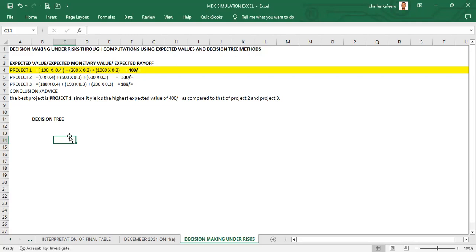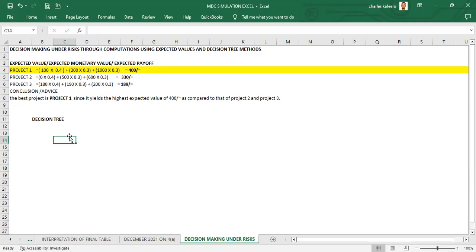So if you look at the same example we did, and we assume maybe the examiner told us to use the decision tree to determine which project will be the best, or which project they should choose from the different alternatives, because we have project 1, project 2, and project 3.